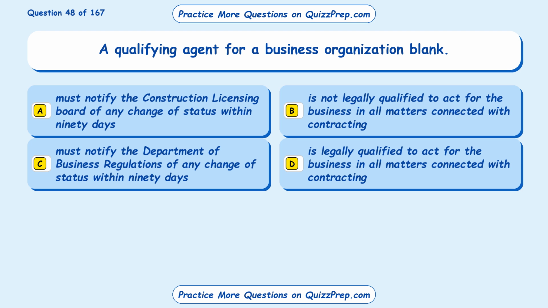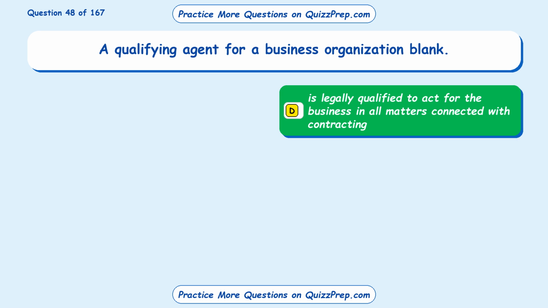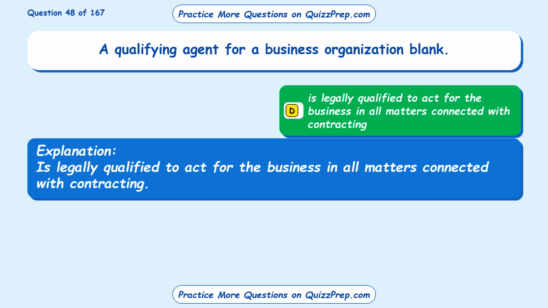Option D, is legally qualified to act for the business in all matters connected with contracting. The correct answer is option D, is legally qualified to act for the business in all matters connected with contracting.